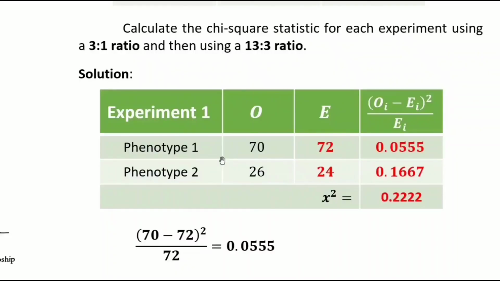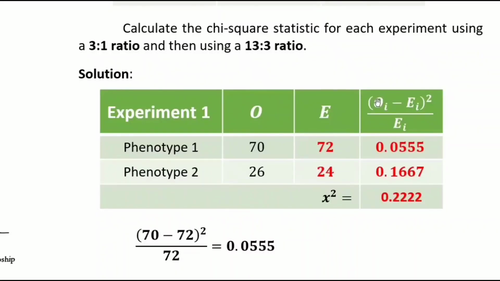So, 75% of 96, that is 72. And the remaining 25% of 96, that is 24. If you add this, 96 siya. Yun yung expected value. Ano yung expected value? Yun yung value if you base it from Mendelian segregation.